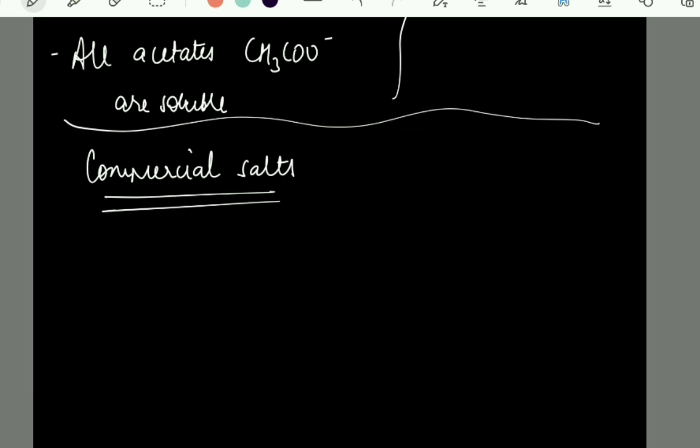Now, most of the salts that we are going to discuss are obtained from sodium chloride. Sodium chloride is also called common salt, table salt. We have around 2.7 to 2.9 percent of NaCl in seawater.